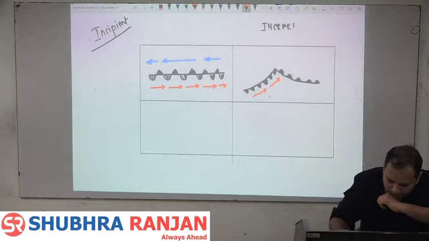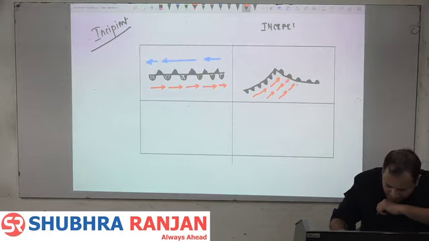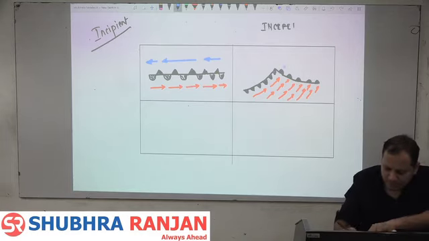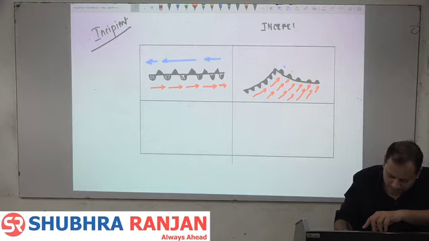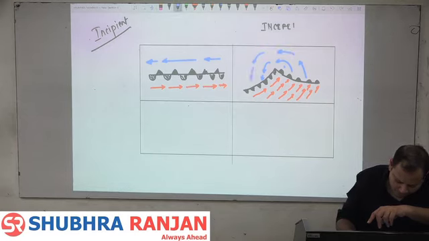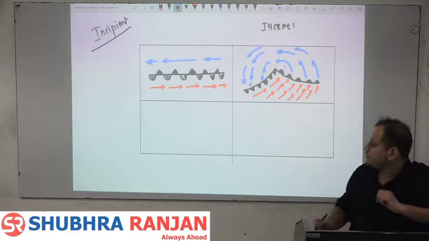Next. As the warm air is being displaced from the ground, the isobars start becoming more or less circular. Full stop.